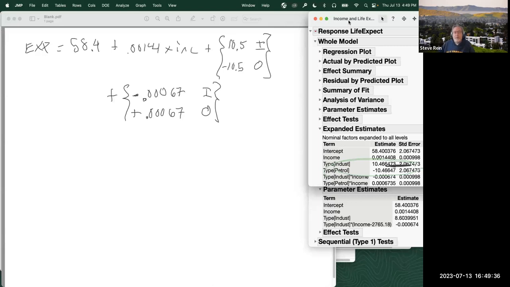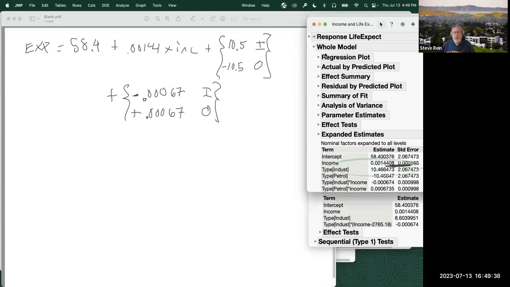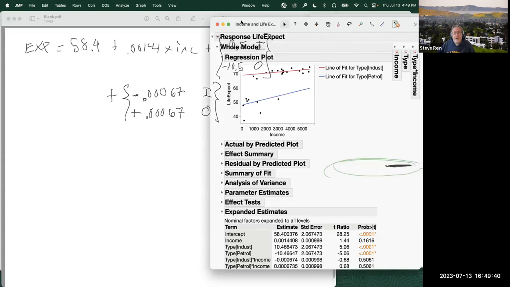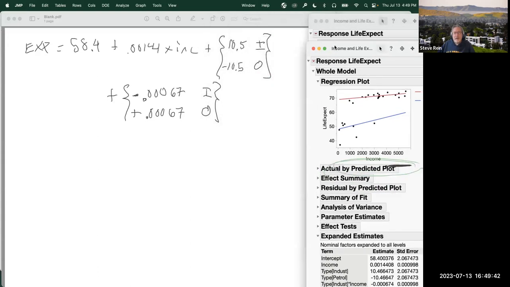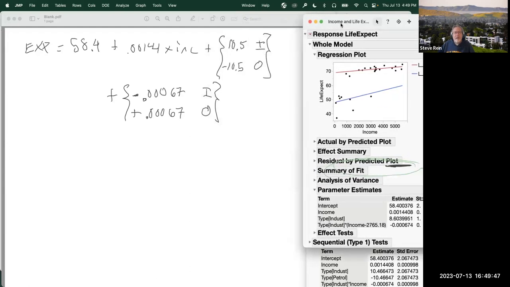So here's my model. Let's go ahead and look at my plot again and calculate red or blue. Let's go with red first because it's upstairs. For industrialized countries, I'm just going to write down what my model is.